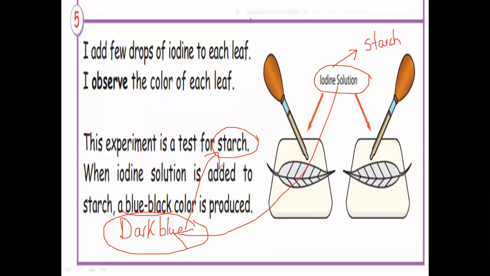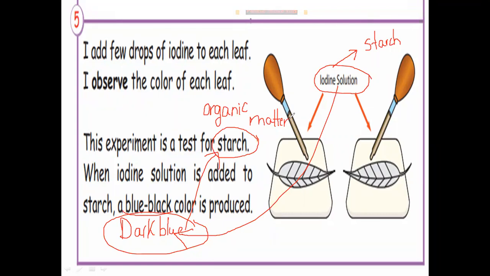That we have starch in the plants. Since we have starch, it's the organic matter, so the plant is undergoing photosynthesis. In order to know if the plant undergoes photosynthesis or not, we have to do the iodine test.